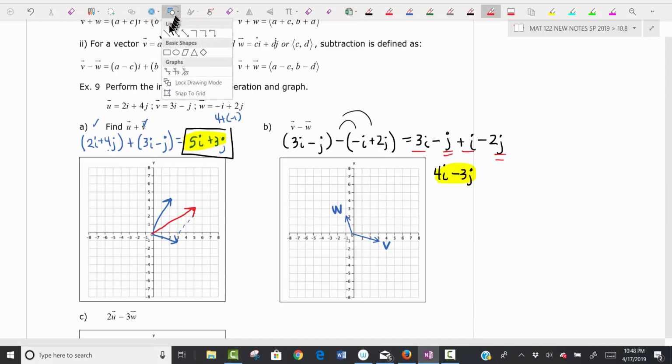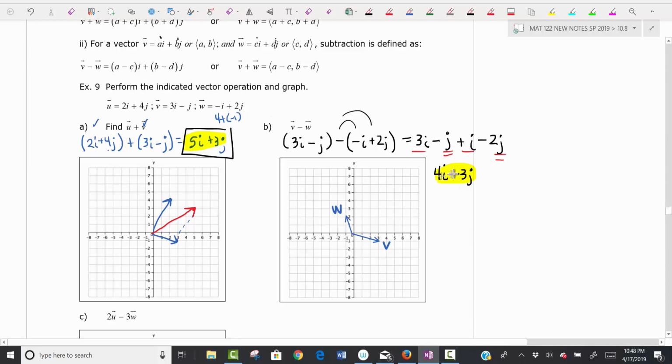All right, so this one we're going to go right 4, down 3. If we go right 4 down 3, we would end up there, and that would be vector v minus w. If you remember what we learned how to do, we learned to write v minus w as v plus negative w.